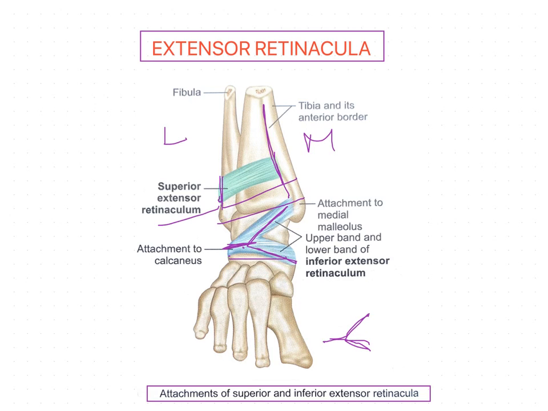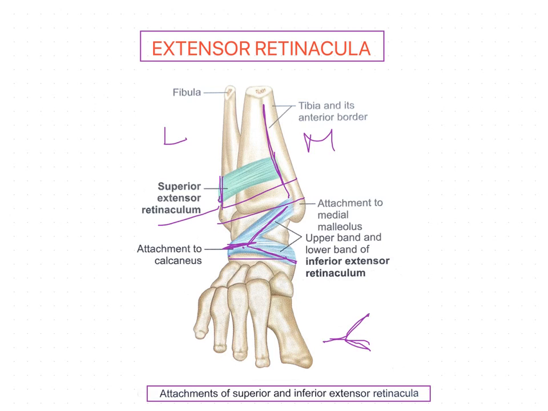If you see the attachment, the stem is attached to the anterior non-articular part of the superior surface of the calcaneum. So if you see the extension of this inferior extensor retinaculum, it is present on the lateral part of the dorsum of the foot, mainly the stem part, which is attached to the superior surface of the calcaneum.